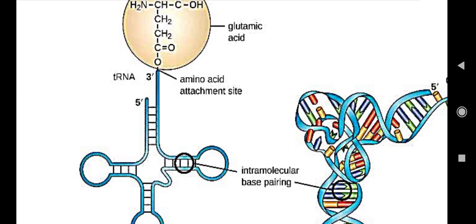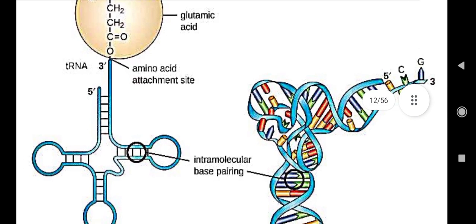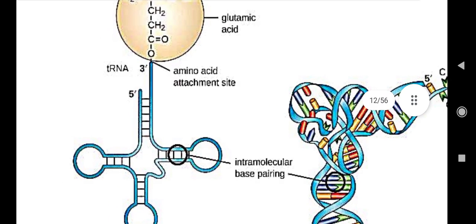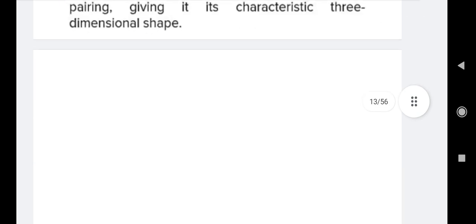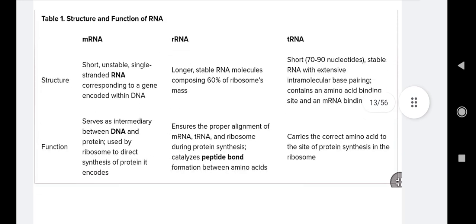Here it is written GCC, but it will be ACC. That site is responsible for attachment of the amino acid in a two-step reaction known as aminoacylation of tRNA. So you can see here the structure of tRNA, and you will see the structure in detail in later videos.